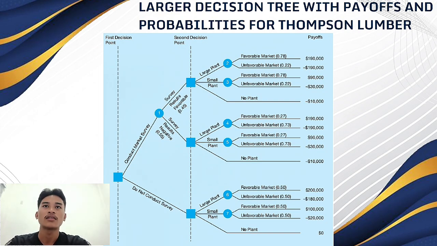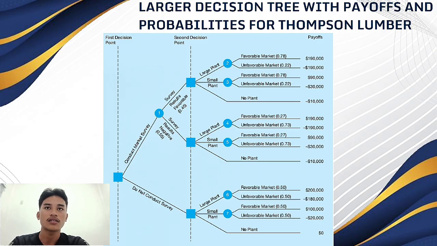Next is a larger decision tree with payoffs and probabilities for Thompson Lumber. If we compare to the previous slide, this is the expanded version of our decision tree. As you can see, the first decision point is conduct market study or do not conduct market study.